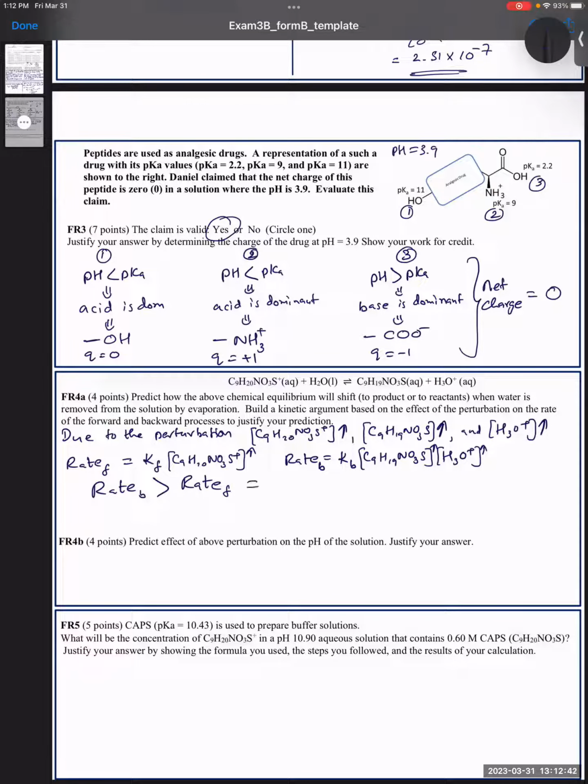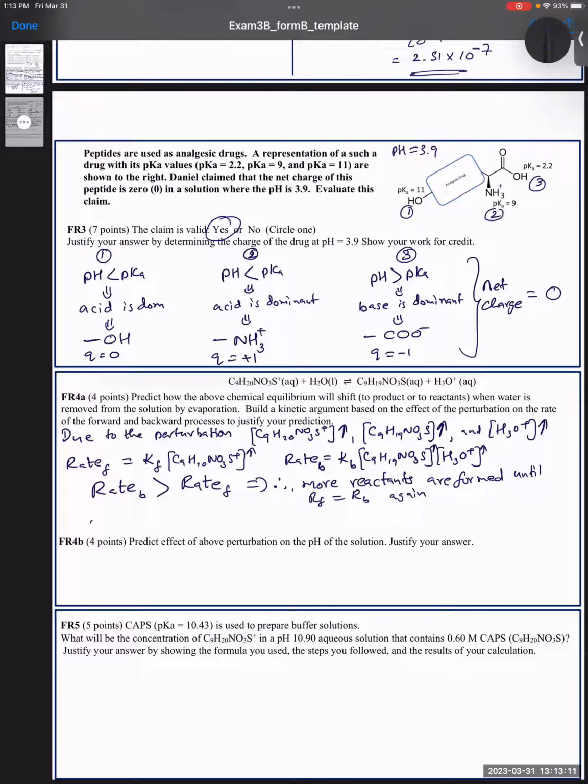Therefore more reactants are formed until the rate forward becomes the rate backward again.